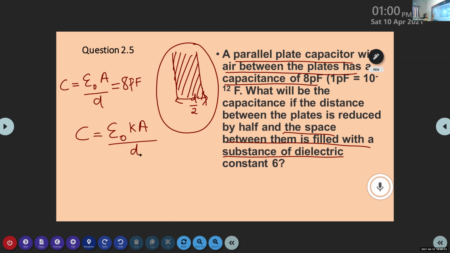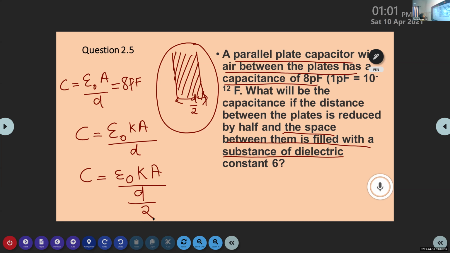But here the distance is reduced to half. So our equation becomes C is equal to epsilon 0 K A divided by D by 2, because the distance of this parallel plate capacitor is reduced to half.